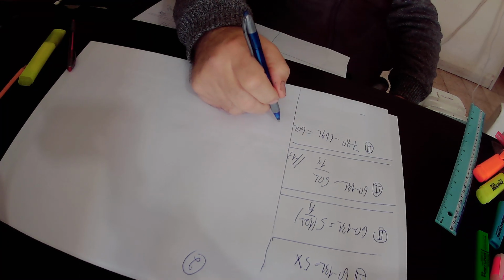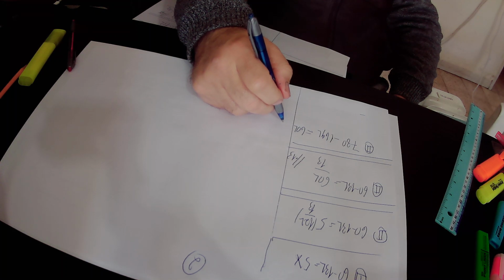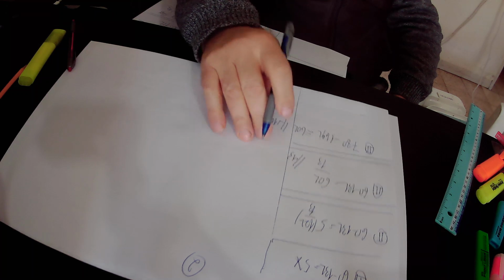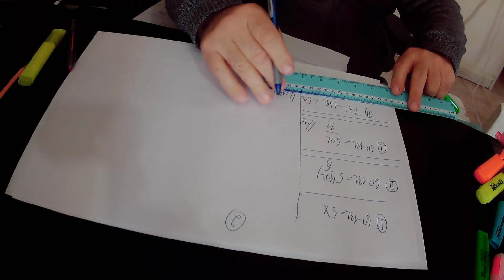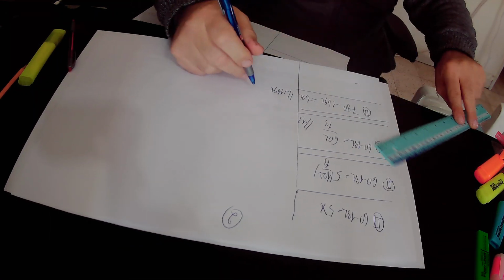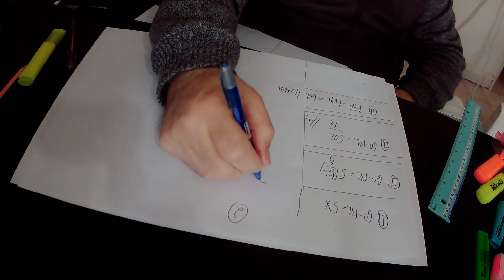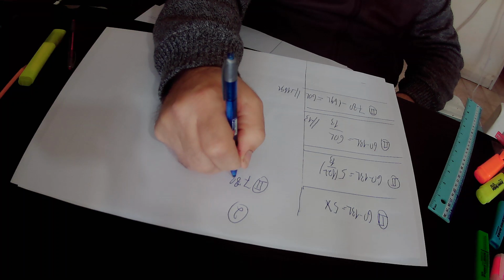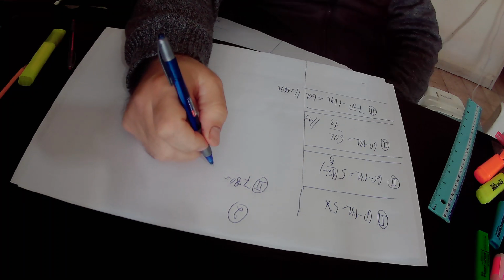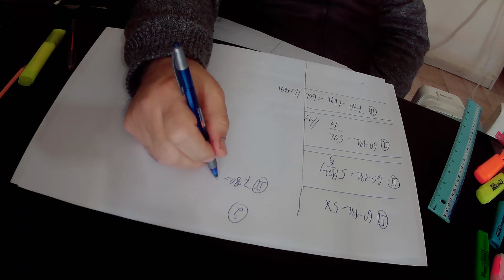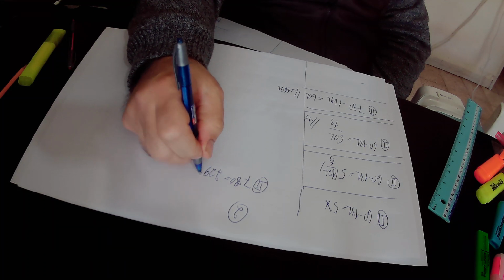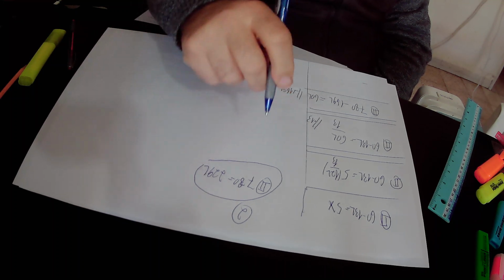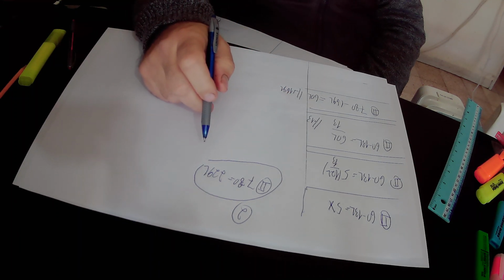Here we add 169L, and we get that 780 equals 60L plus 169L, which equals 229L. In conclusion, according to equation 2, 780 equals 229L.